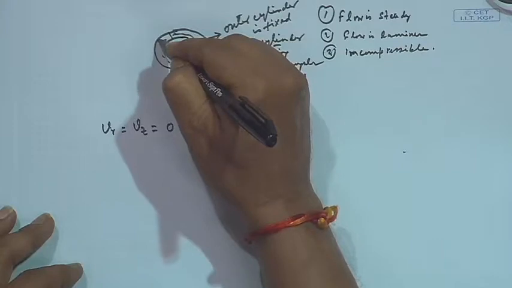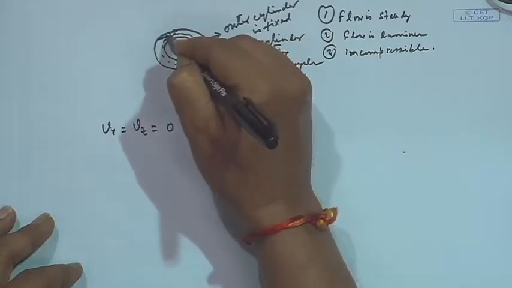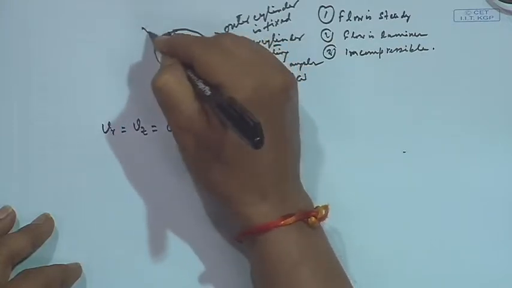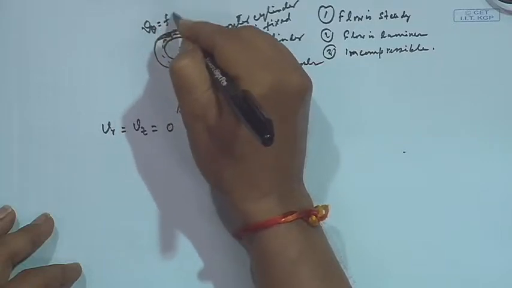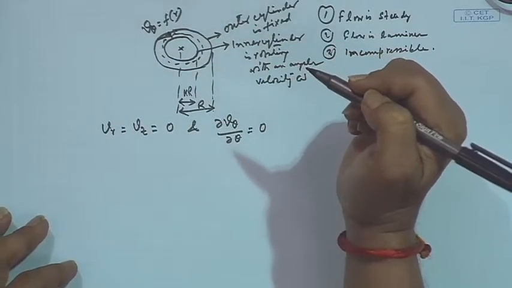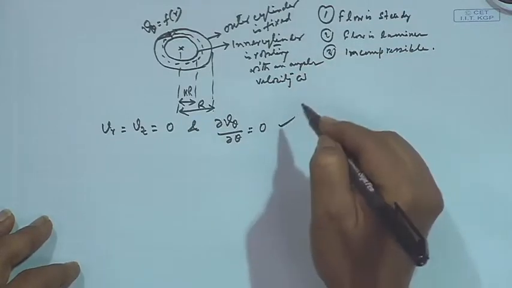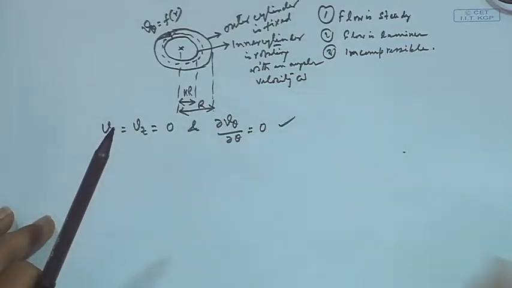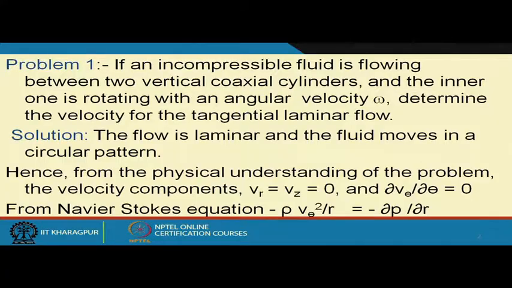So, V theta is a function of R only, like this, right. V theta is a function of R.